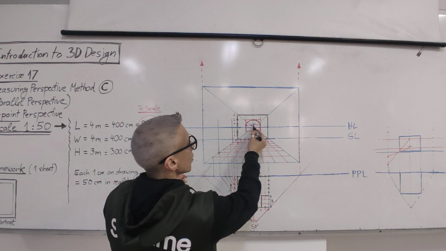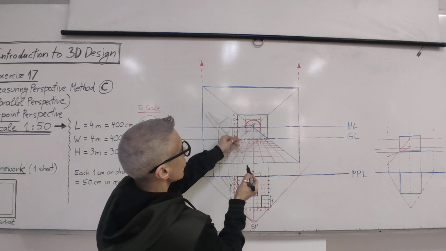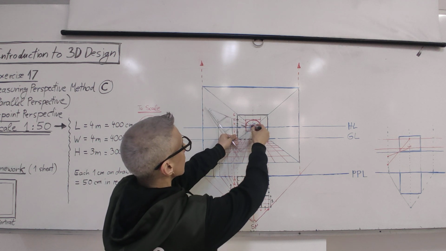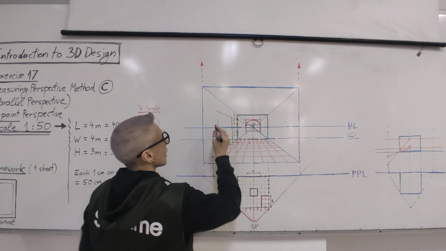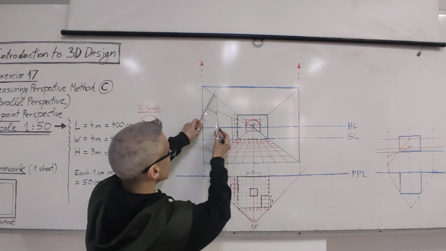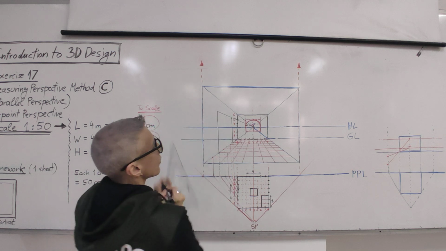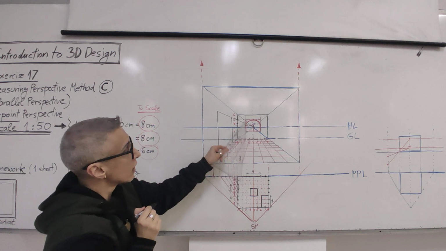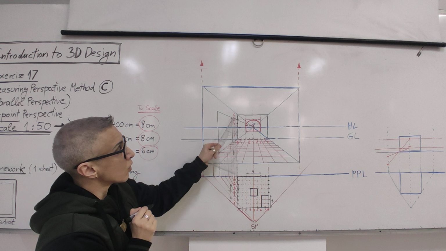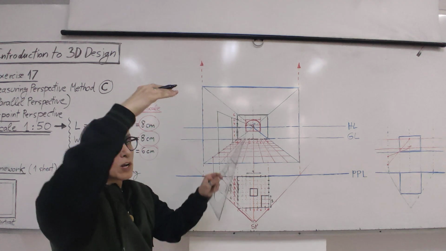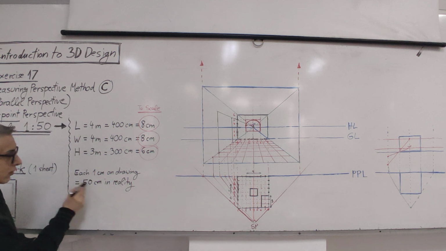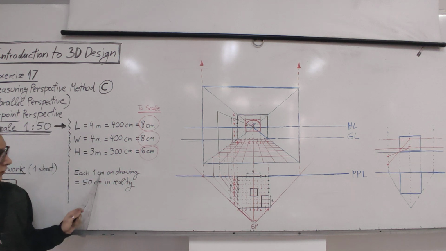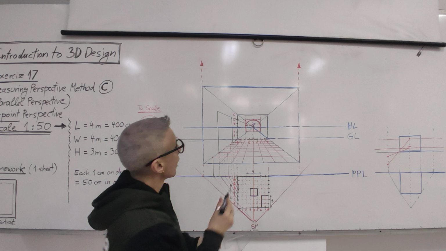Where is the vanishing point? Here. Vanishing point through number 5, where it will intersect this line and this line. This is the height of the door in this location, 50 centimeter down from the ceiling, because each centimeter is 50 in reality.